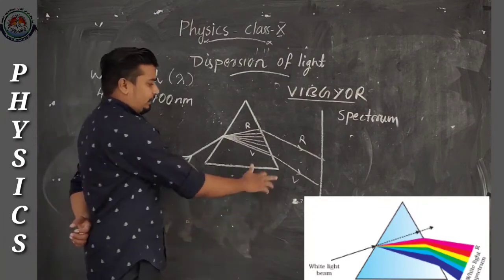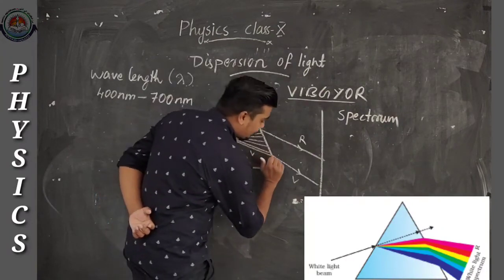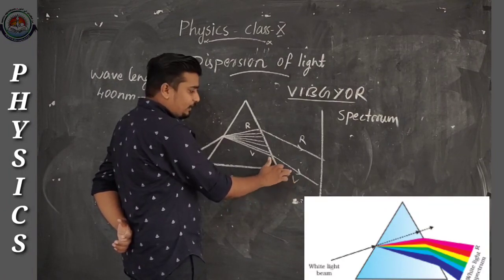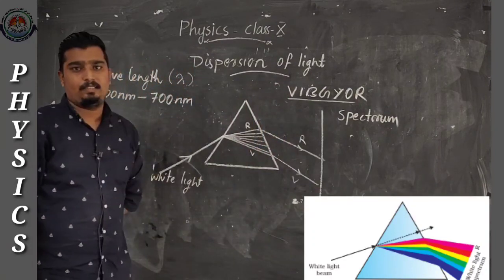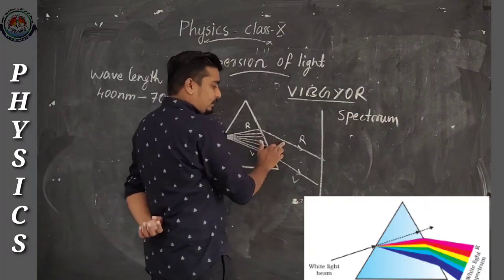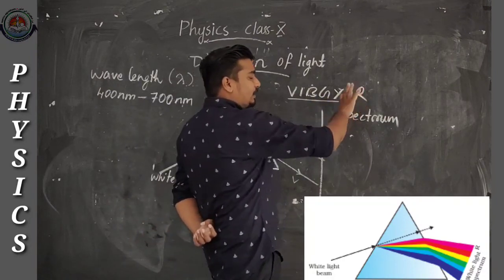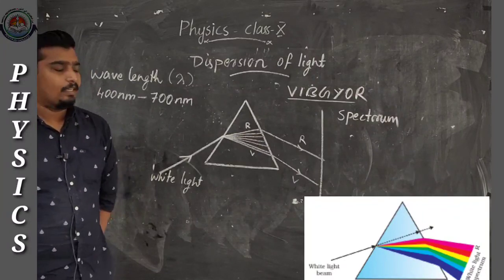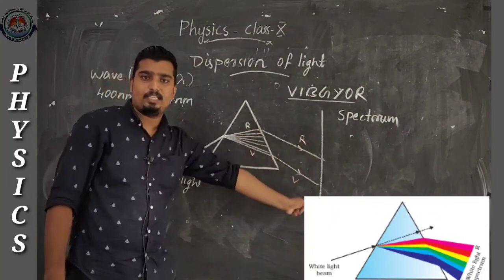Due to that, the deviation is different. In the case of violet the deviation is greater, because the wavelength of violet is less. In the case of red the deviation is less, because the wavelength of red is high. That is, the wavelength is influencing the deviation of colors of light.